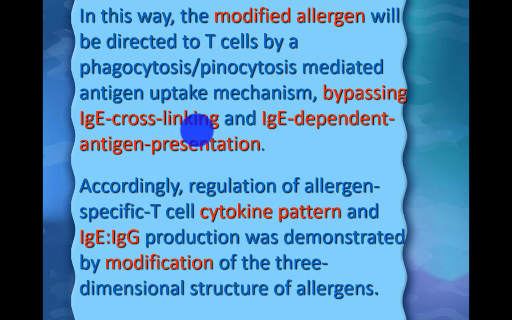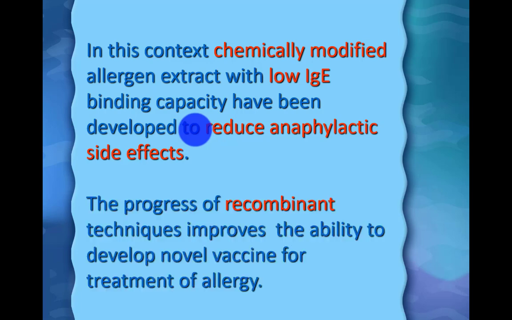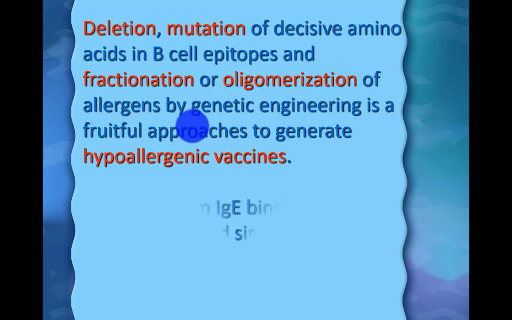Accordingly, regulation of allergen specific T cell cytokine pattern and IgE-IgG production was demonstrated by modification of the three-dimensional structure of allergens. In this context, chemically modified allergen extracts with low IgE binding capacity have been developed to reduce anaphylactic side effects. The progress of recombinant techniques improves the ability to develop novel vaccines for treatment of allergy.